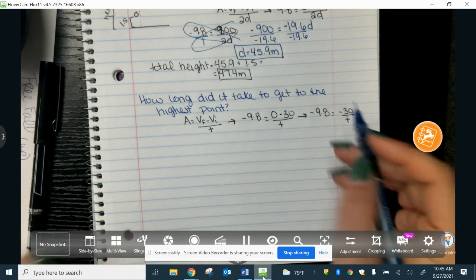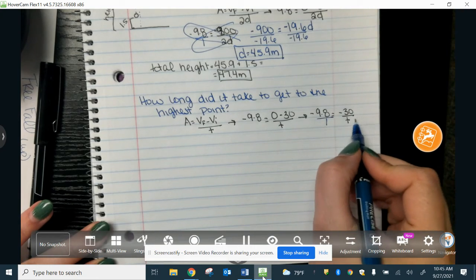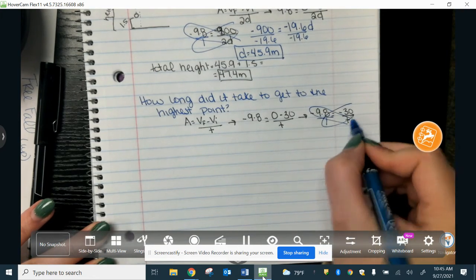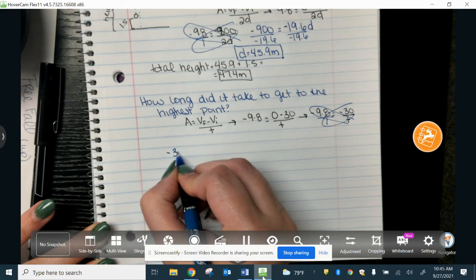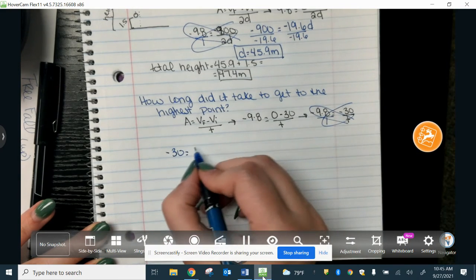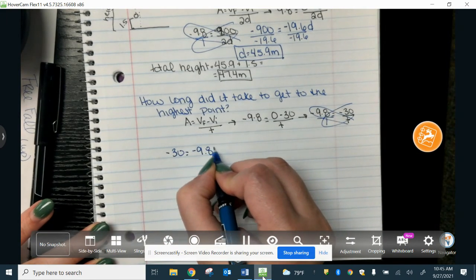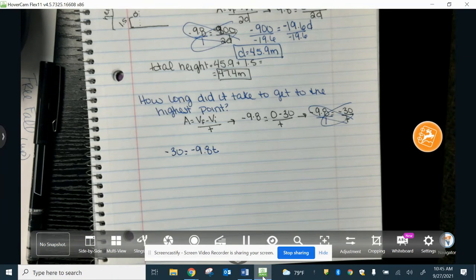Hate fractions. Put this over 1. I believe 30 divided by 9.8 should be 3.06.